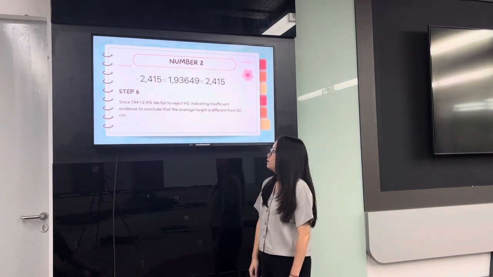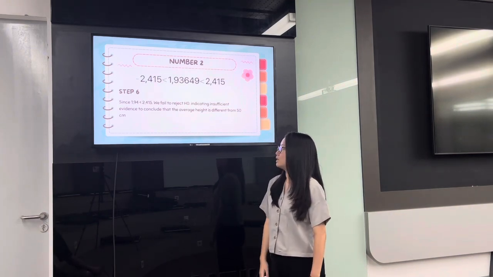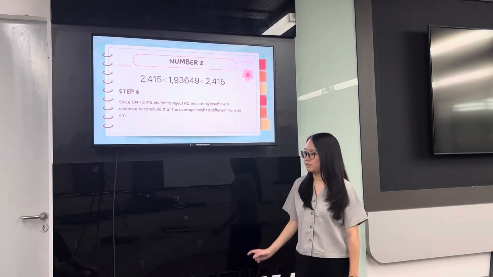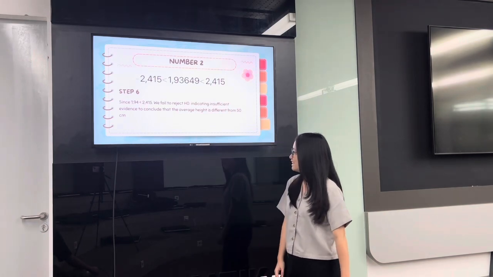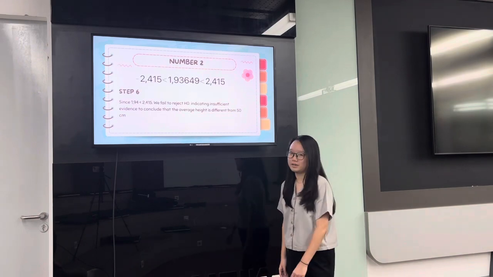So since 1.93 is less than 2.145, we fail to reject the null hypothesis, indicating insufficient evidence to conclude that the average height is different from 50 centimeters.